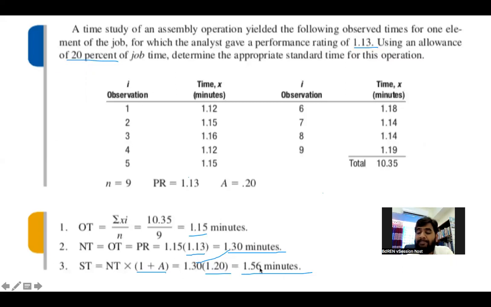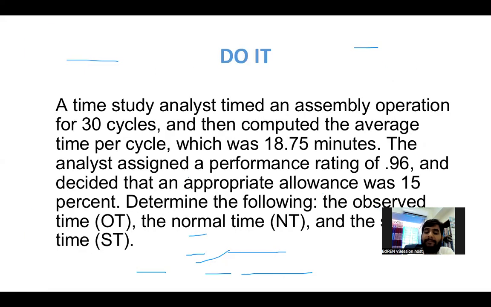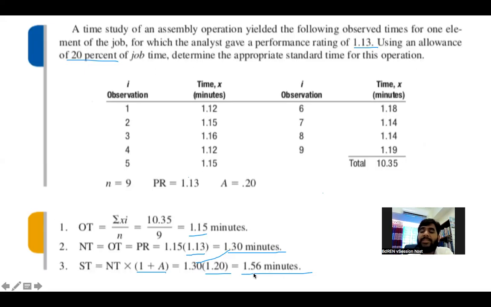This standard time means, say for example, to produce a product the standard time is 1.56 minutes, and the company's expenditure per minute is $2. What is the manufacturing cost or cost of production? Every company has their data. What is the average cost per minute?